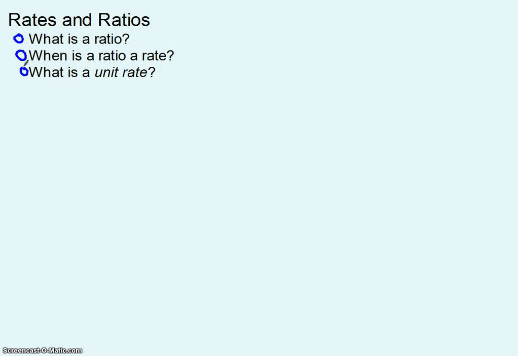Most of the time they're able to count up, say there's 12 girls and 8 boys, and most of the time, at the level that I'm teaching, which is high school algebra, they're pretty good at writing 12 over 8 or 12 to 8.